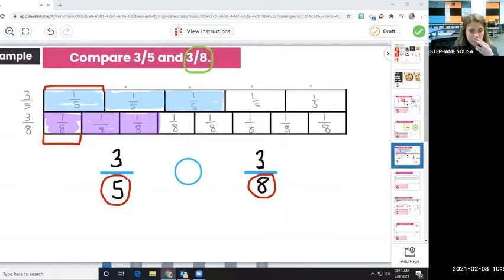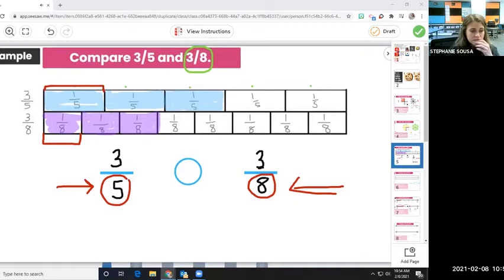If there is a pizza shared with 5 kids, each kid will get a bigger piece of pizza than if the pizza is shared with 8 kids, where each kid will get a smaller slice. Even though the denominator 5 is less than 8, we really know that 1/5 is a bigger piece than 1/8.